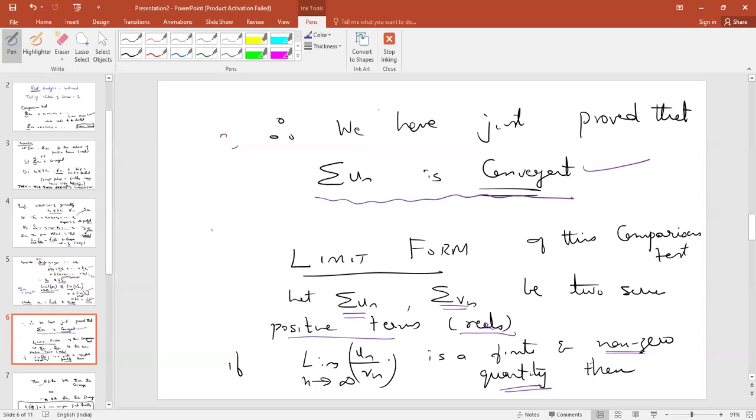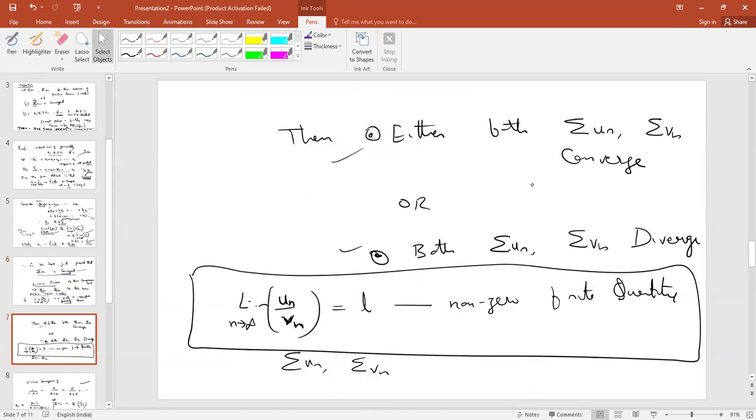So we can in practice compute this limit. Suppose we get it as a finite quantity, non-zero, then we can conclude either both un and vn converge or both un and vn diverge.